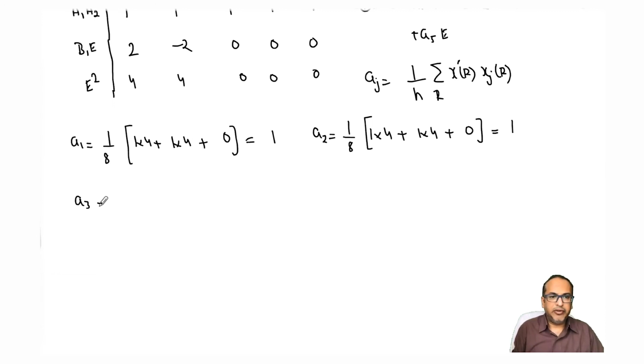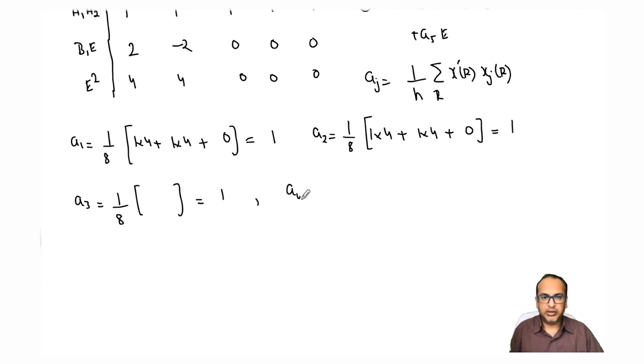For A3, we have to now multiply with the B1 characters. So 1 over 8. And doing the same thing, we will get 1. I have not done the complete calculation here, but what we will get is 1. And A4 also we will get 1, and we can see that A5 will be 0.